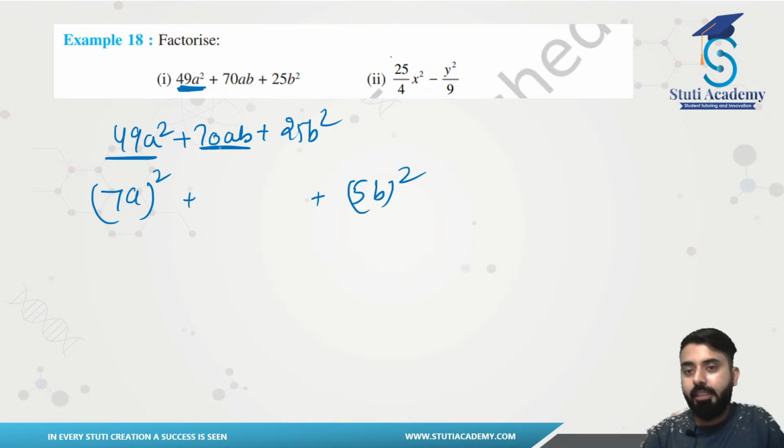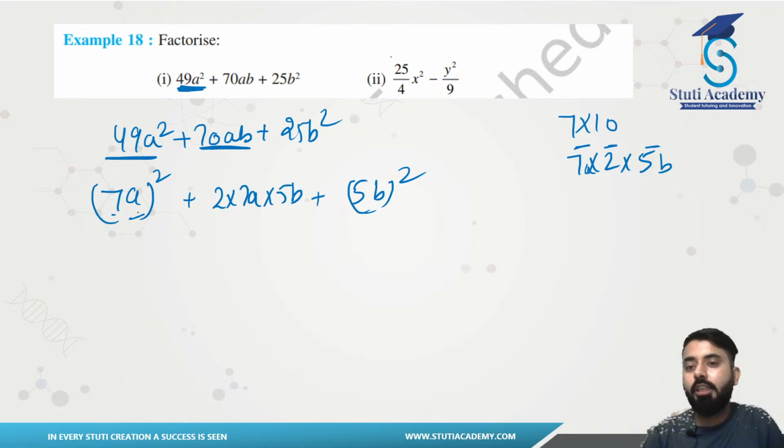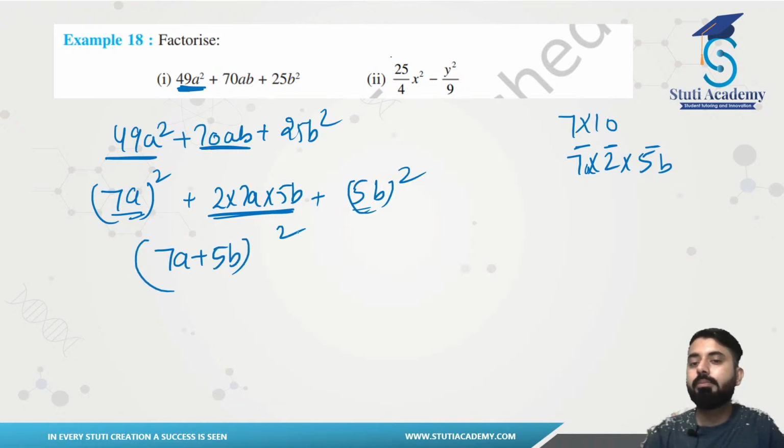And if I factorize 70ab, it can be 7 into 10, or 7 into 2 into 5. Let's say 7a as a and 5b as b. So this is 2ab, because our a is this one, b is this one. So this is 2 into 7a into 5b. So you guys see, a square plus b square plus 2ab, that is (a plus b) whole square.